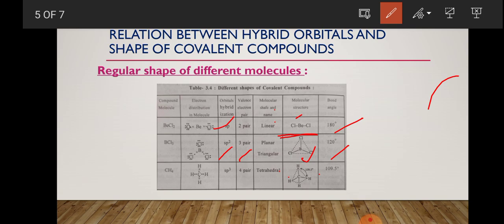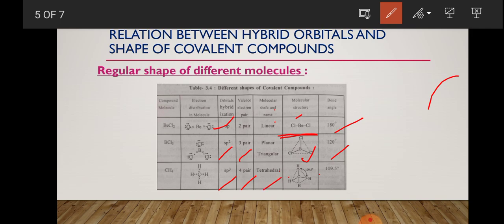Now, sp3 hybridization forming four hybrid orbitals produces tetrahedral structure. Look here in methane. Here sp3 hybridization occur, and four hybrid orbitals are created, and that's why the structure of methane is tetrahedral.